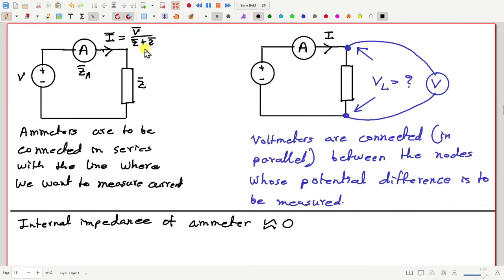So the current value will change. It will not change only if ZA equals 0. Therefore, so that the ammeter does not change the original circuit, we need the internal resistance or impedance to be as low as possible.